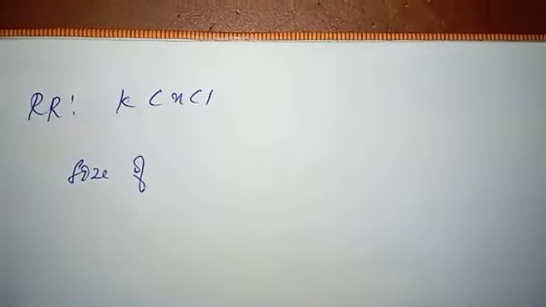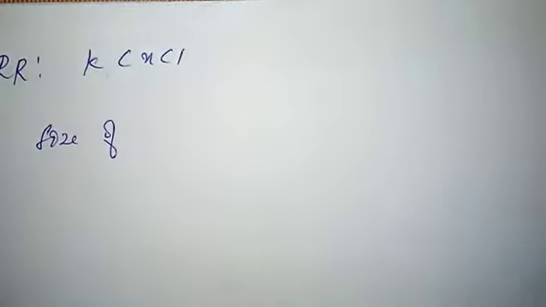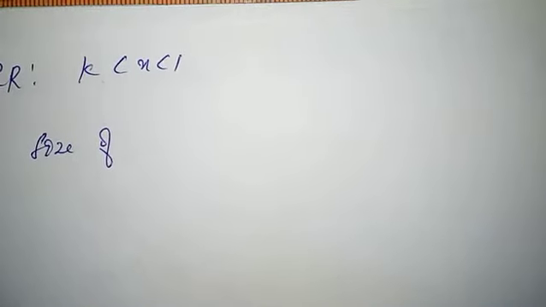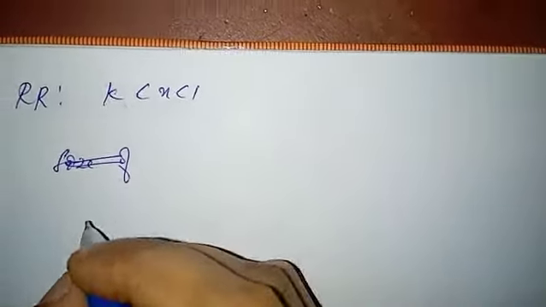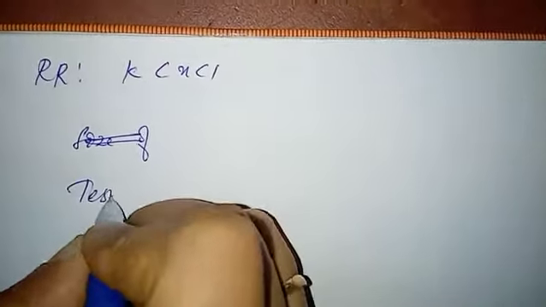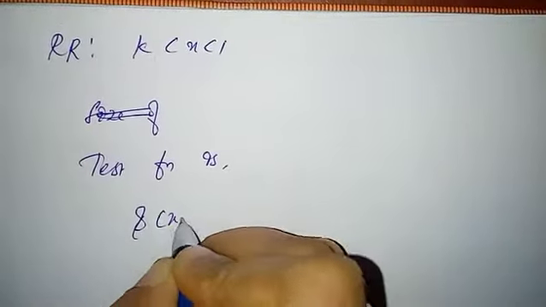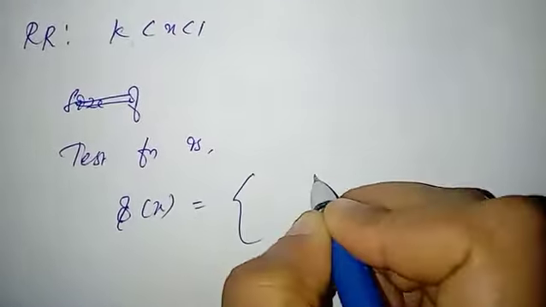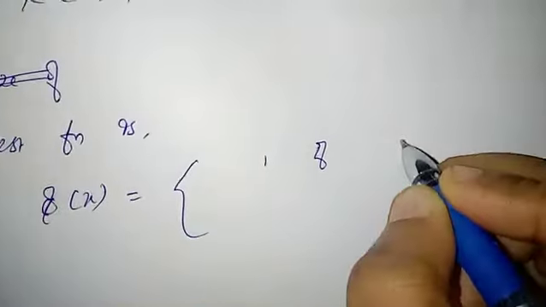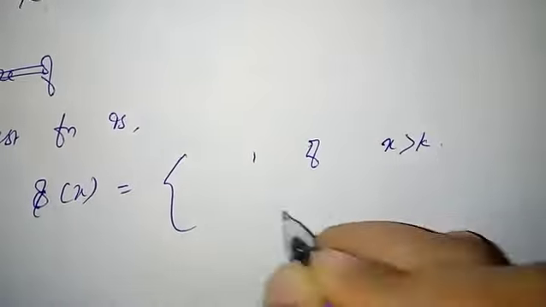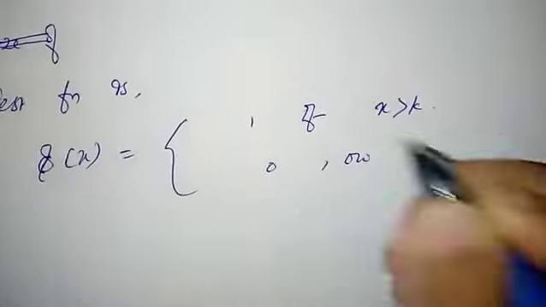Then we have to find the value of k using the size of the test. For that, first we write the test function: phi(x) = 1 if x > k, 0 otherwise.